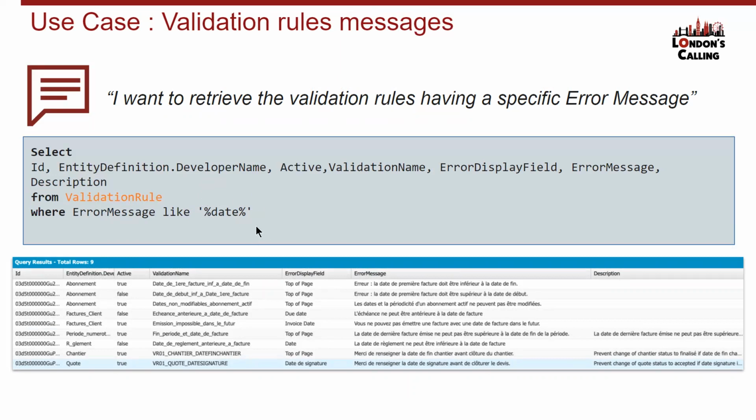So it's very easy to find the validation rule, or the validation rules if you have more than one, that could be the one the user is seeing when nobody understands where it is coming from. It's really useful, especially when you arrive on a new project with a lot of validation rules and you don't know which one has been triggered. With this query, you can quickly find where the validation rule issue is coming from.